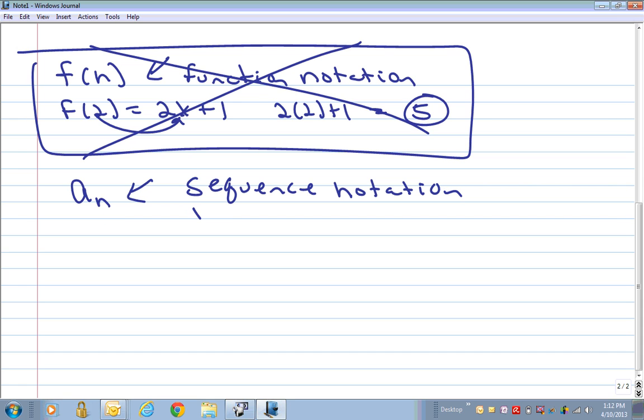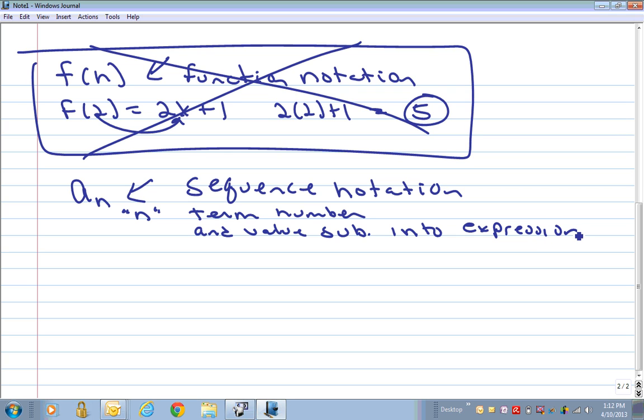So a sub n is sequence notation, and n is the term number and the value substituted into your expression. Okay, we're going to look at an example of this.